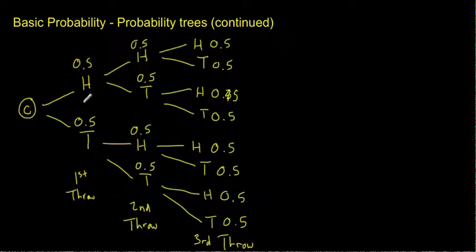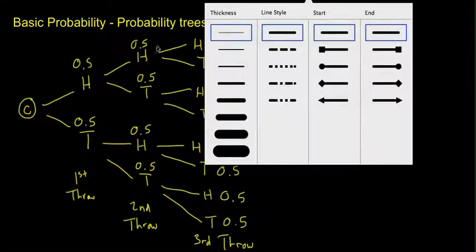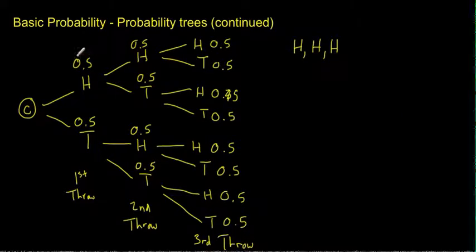Okay, so if I wanted to know what is the probability of getting heads, heads, and heads, so 3 heads in a row, this is how I would do it. I would take this, there's my first heads. Follow the branch, here's the second heads, there's the probability for the second heads.